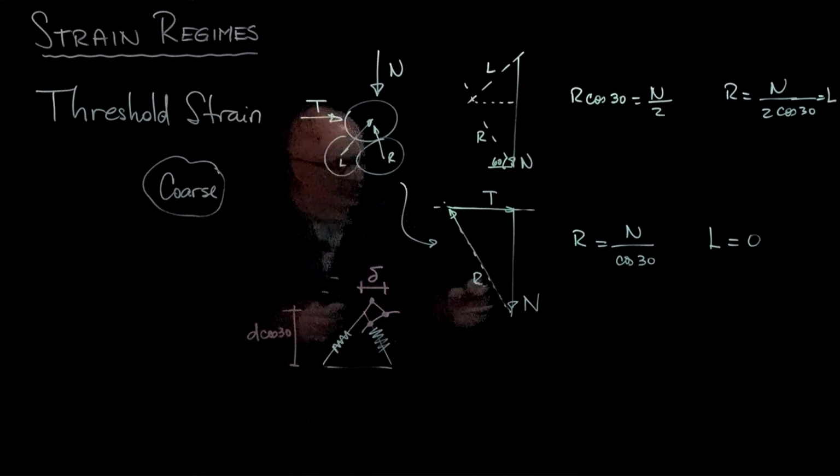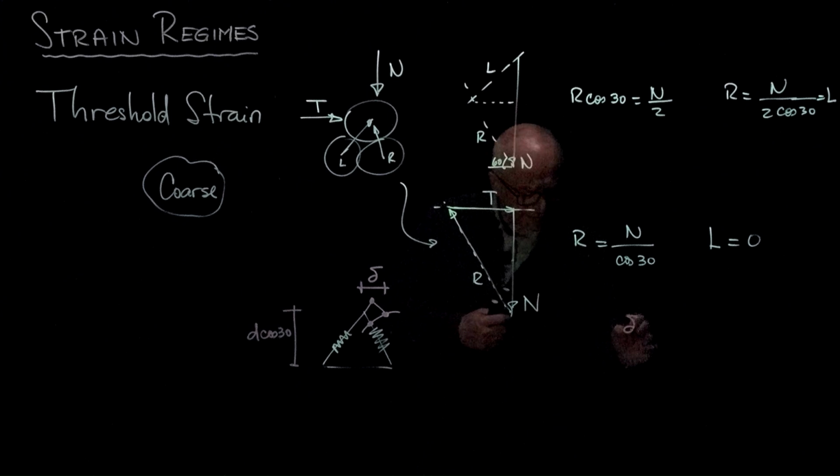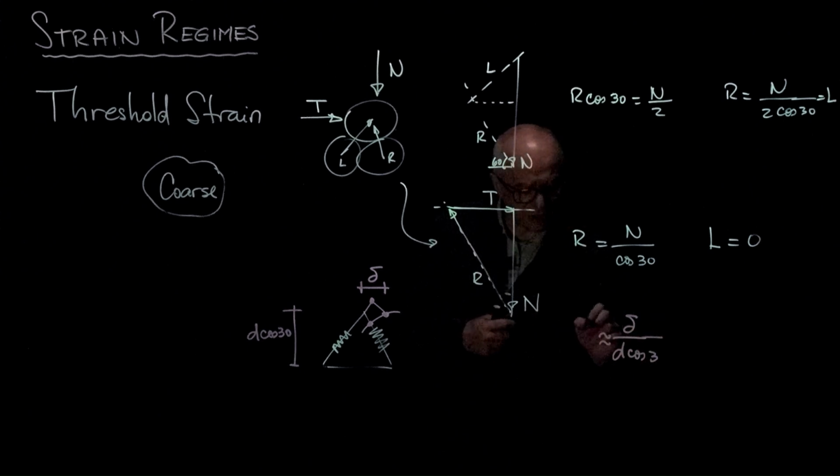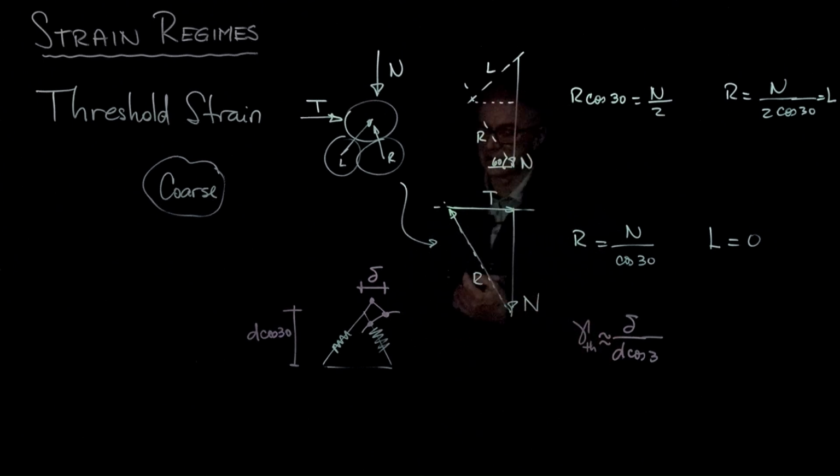And if we divide delta by that center to center distance, d cosine 30, then this is somehow a measure of the shear strain at the threshold. At the threshold of losing the contact, that means beginning to change the neighbors.